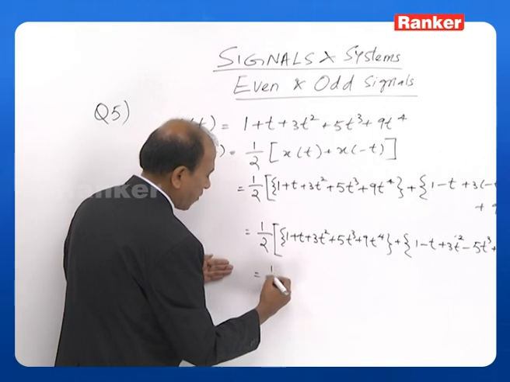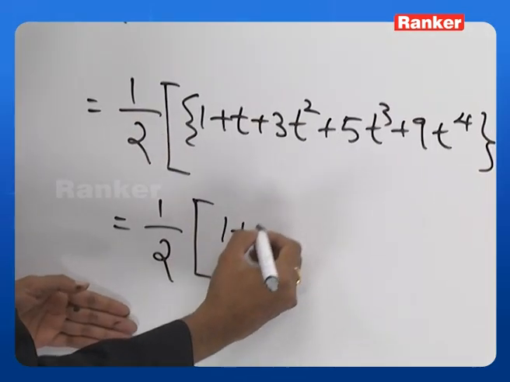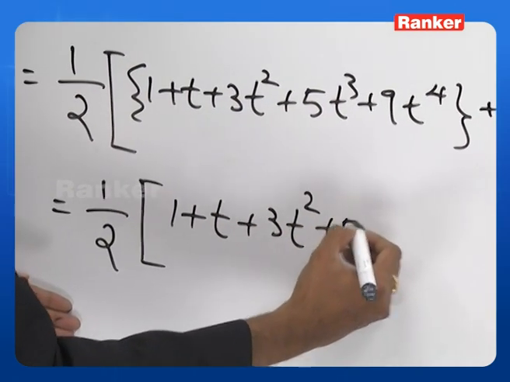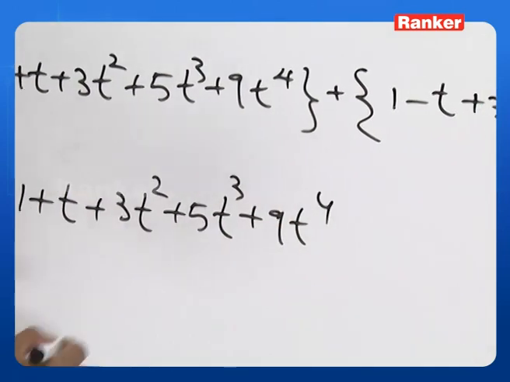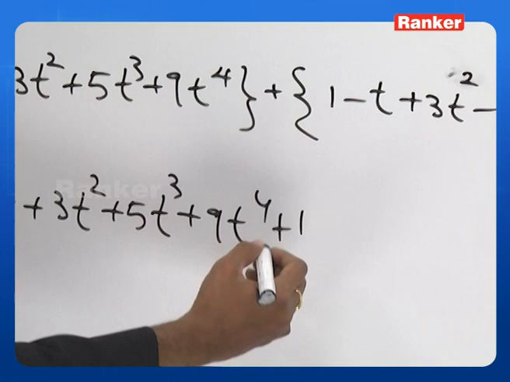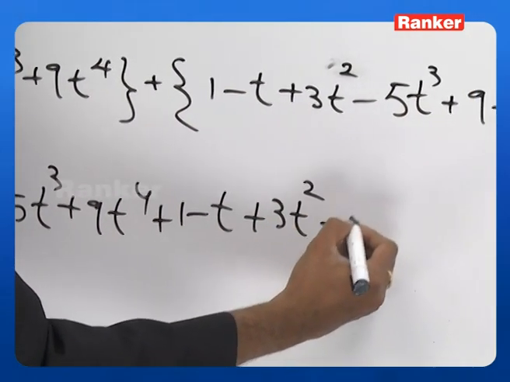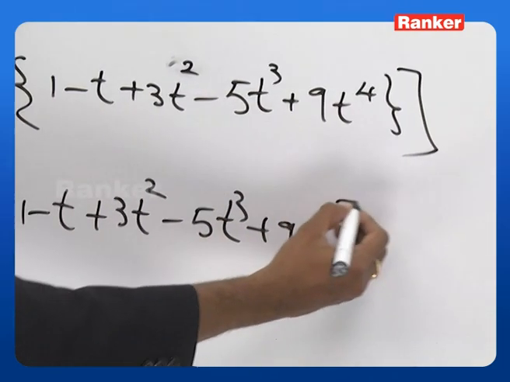So, this is half of 1 plus t plus 3t square plus 5t cube plus 9t to the power 4, okay, plus 1 minus t plus 3t square minus 5t cube plus 9t to the power of 4.